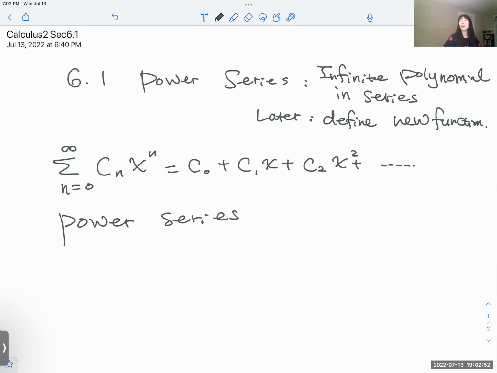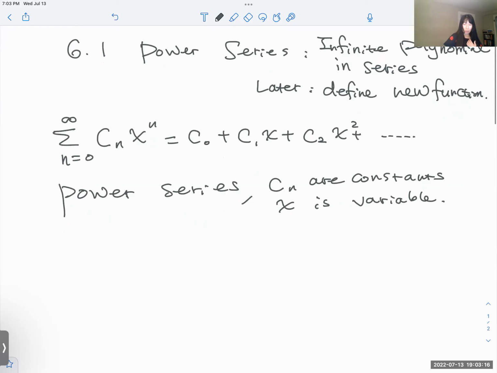Okay, if we don't have the constant, x is the variable, we know that. We have the form of a power series like this too: the sum of x to the n, when n starts at 0 to infinity.